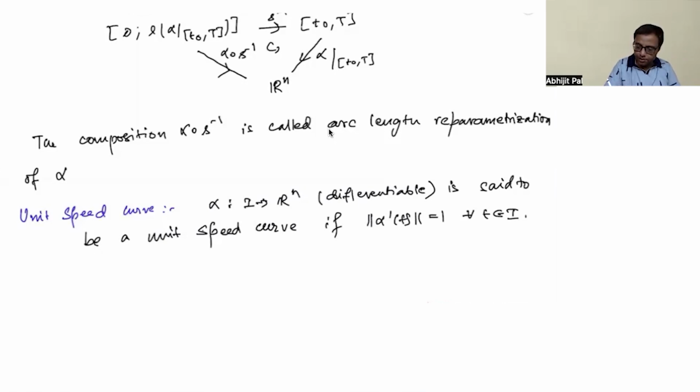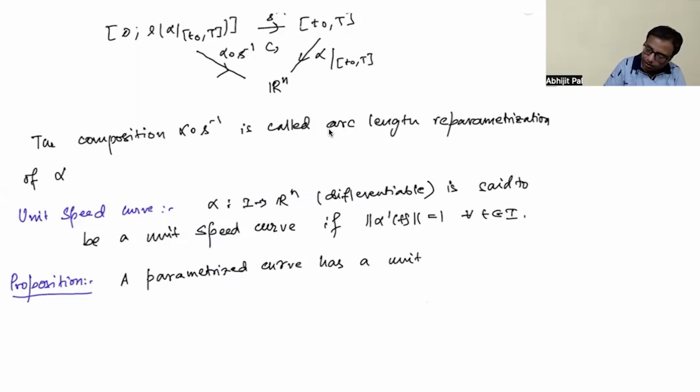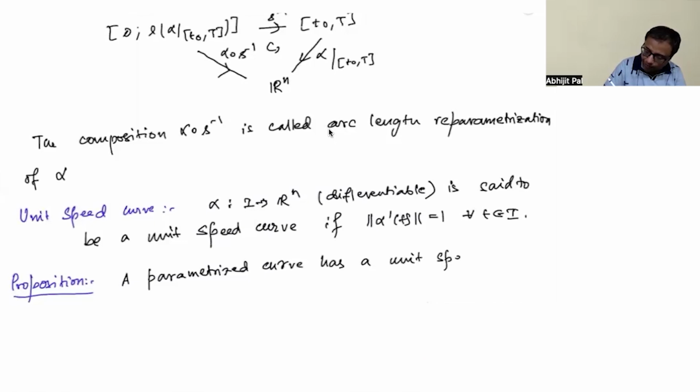A parameterized curve has a unit speed reparameterization if and only if it is regular.